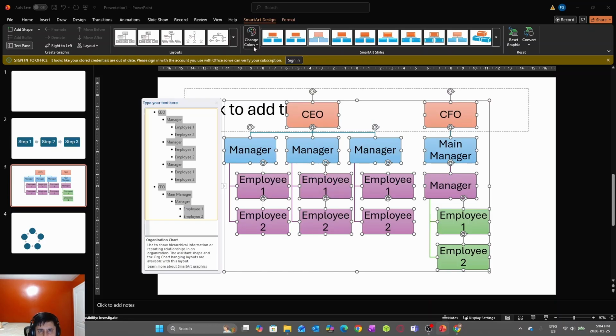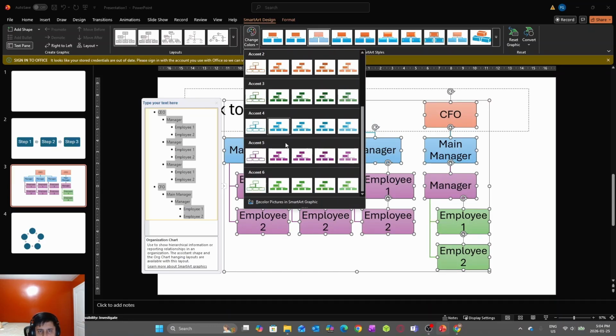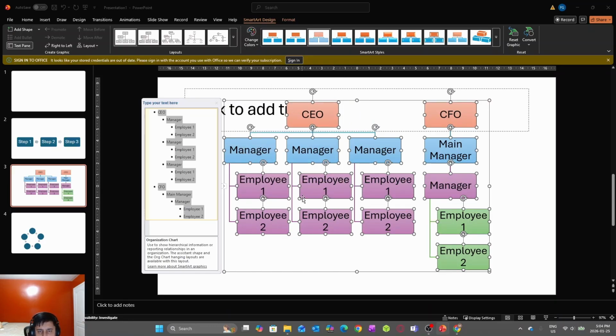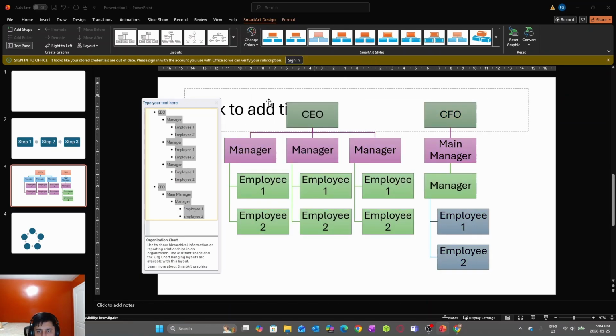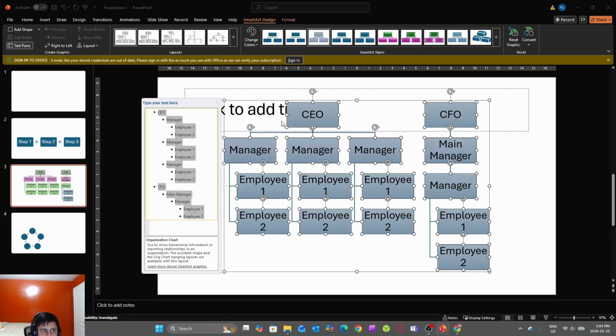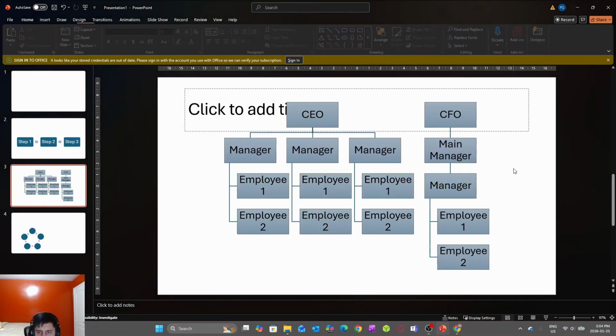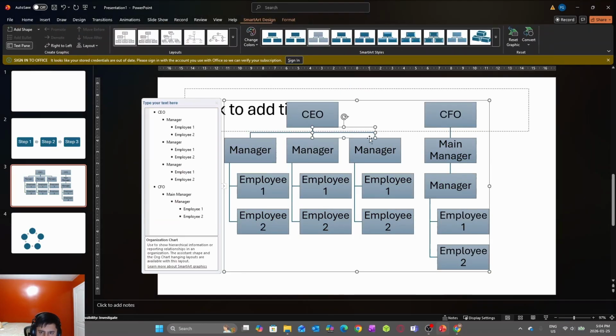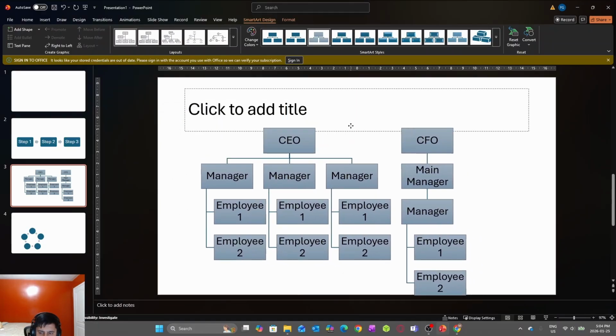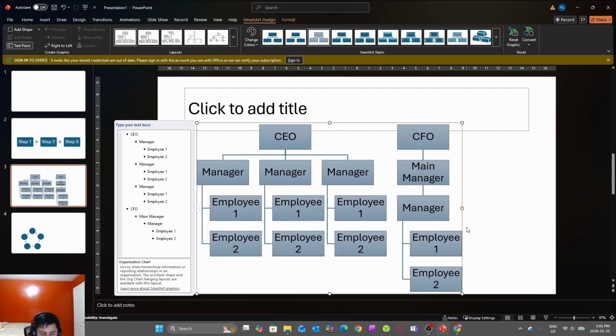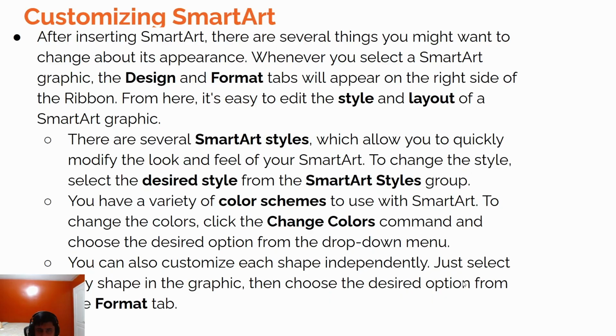So we can go here and select any one of these, or we can recolor things if we'd like. And then again, just select your preset that you're happy with. And that's pretty straightforward. Again, just giving that level of customizability that you may need or want as well.